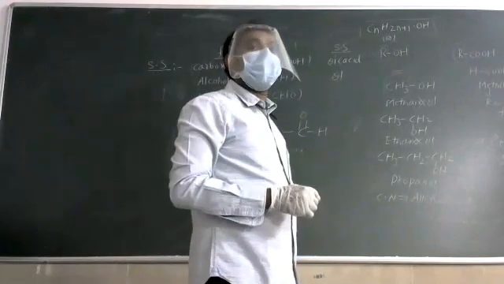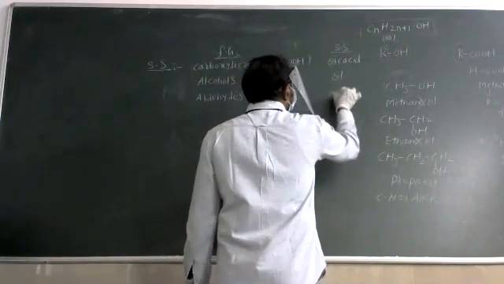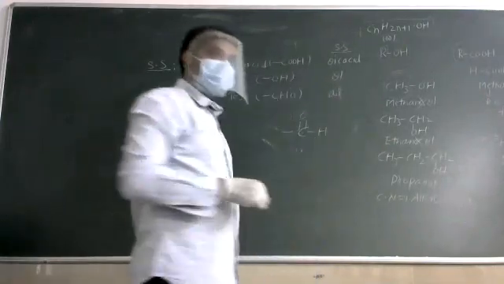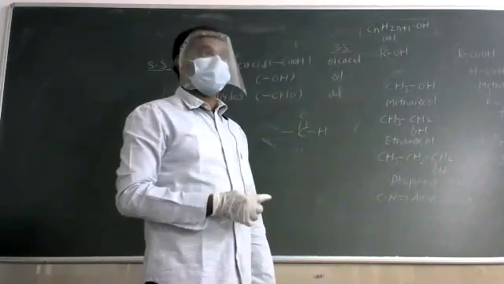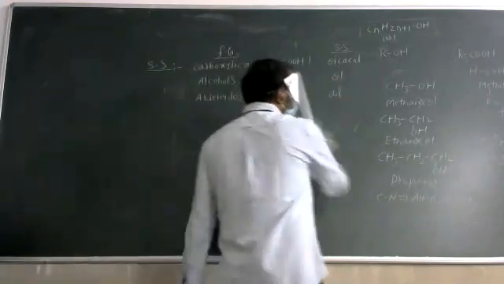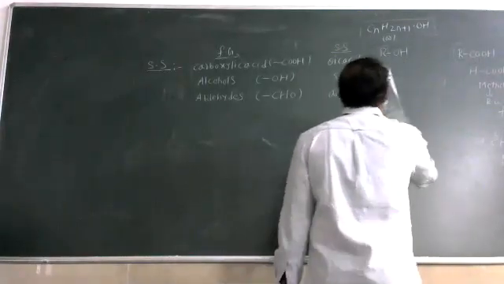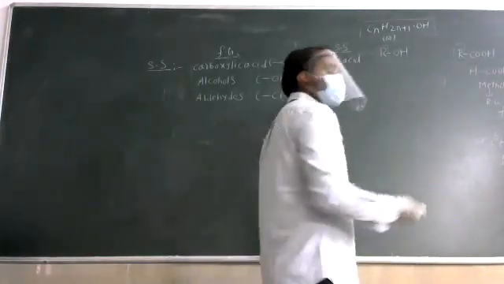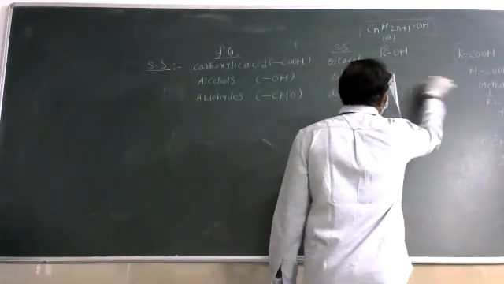Now, if aldehyde is there, the secondary suffix is AL. Okay, what is the first aldehyde? Aldehydes are denoted by RCHO.